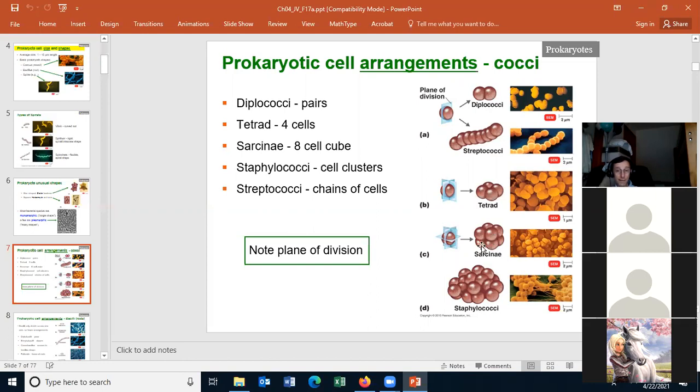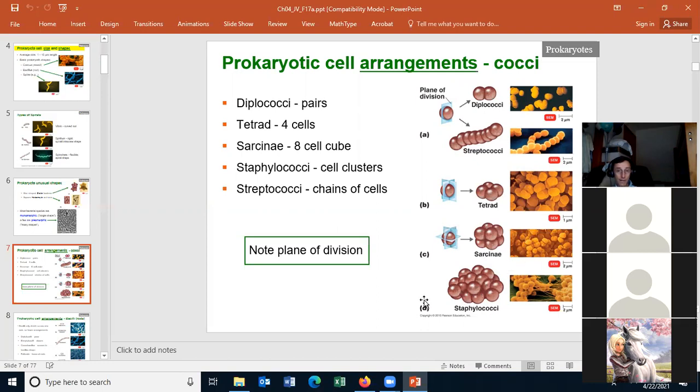And you can have Sarcina, which are 8 cells stuck together. 1, 2, 3, 4, 5, 6, 7, 8. And you can't really see that in these pictures, but trust me, this is a tetrad. Actually, you can see the tetrad right there. And if anyone wants to try to count that, that's an 8.